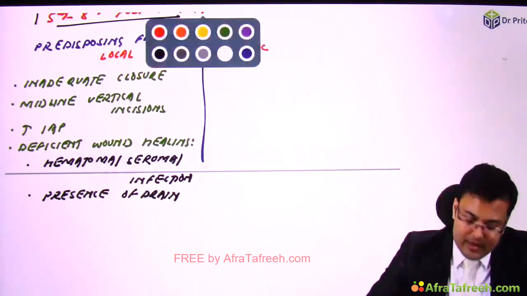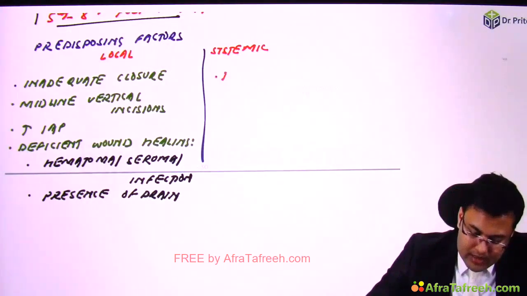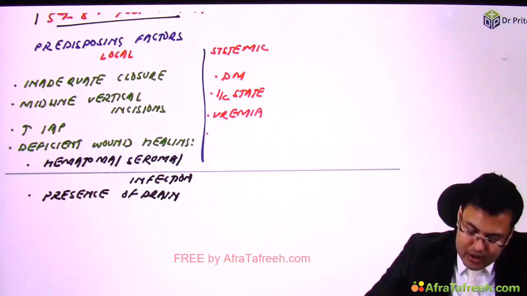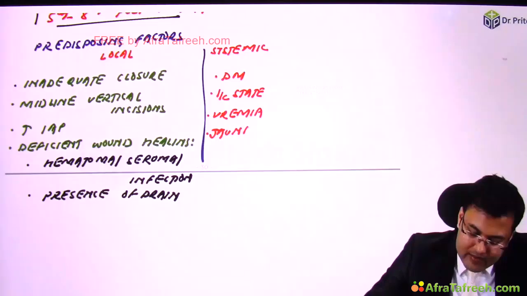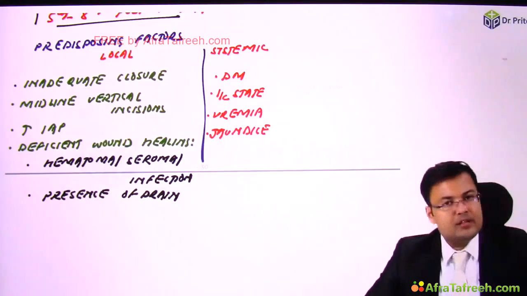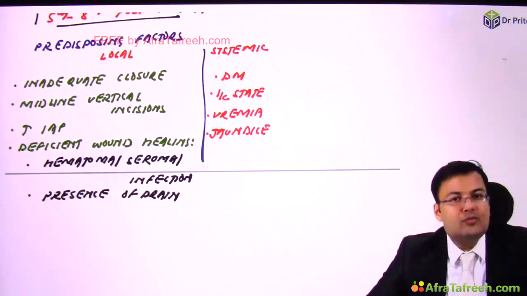After that, what are the systemic factors? I told you: diabetes mellitus, immunocompromised state, uremia, and jaundice. So these are the systemic factors which impair wound healing and lead to burst abdomen.